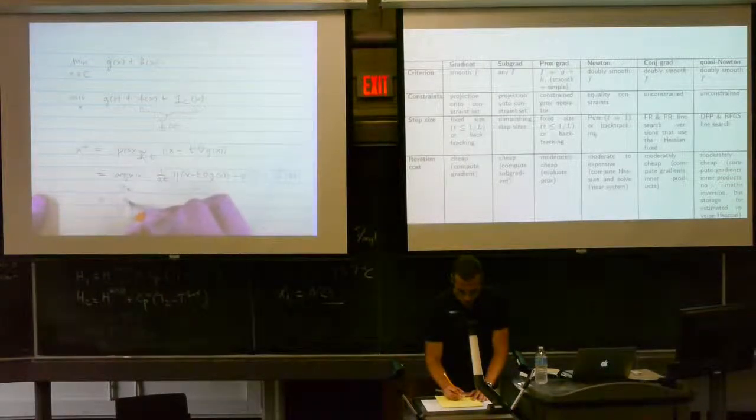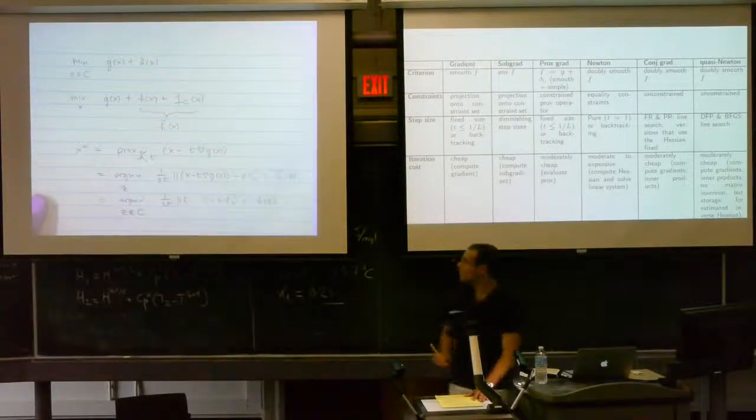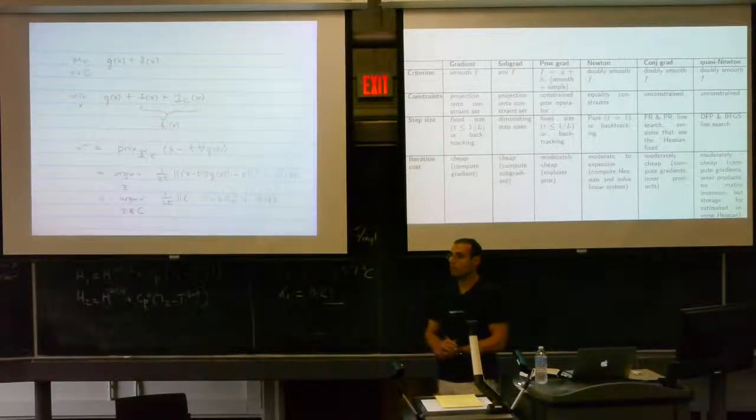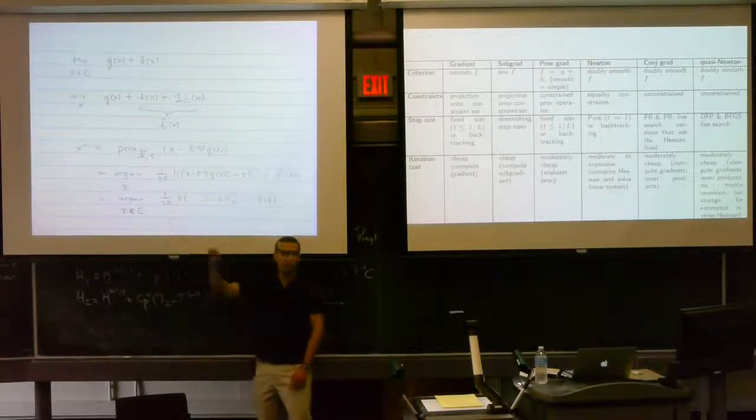That's the argmin over all z in C of the same term, plus h of z. So actually, we're solving a constrained proximal operator problem, because we have this constraint here.